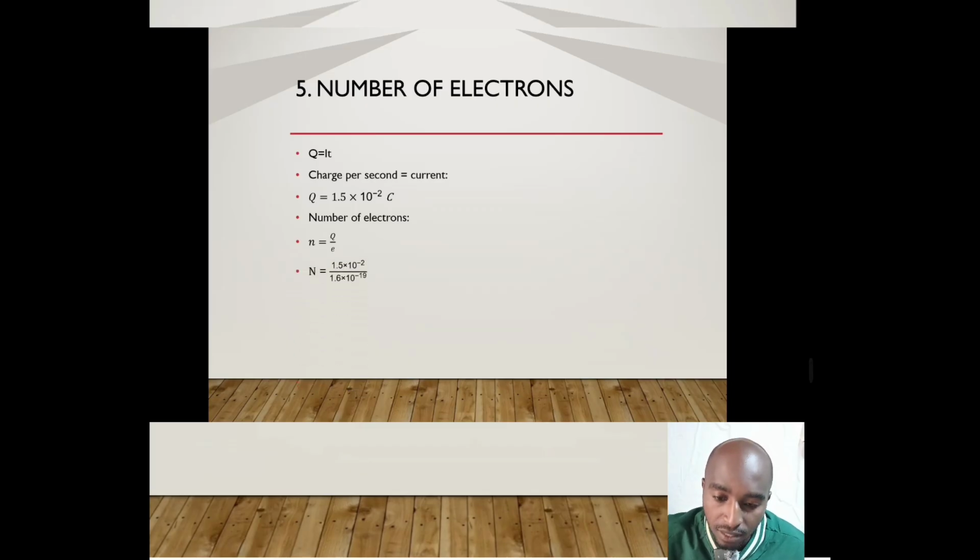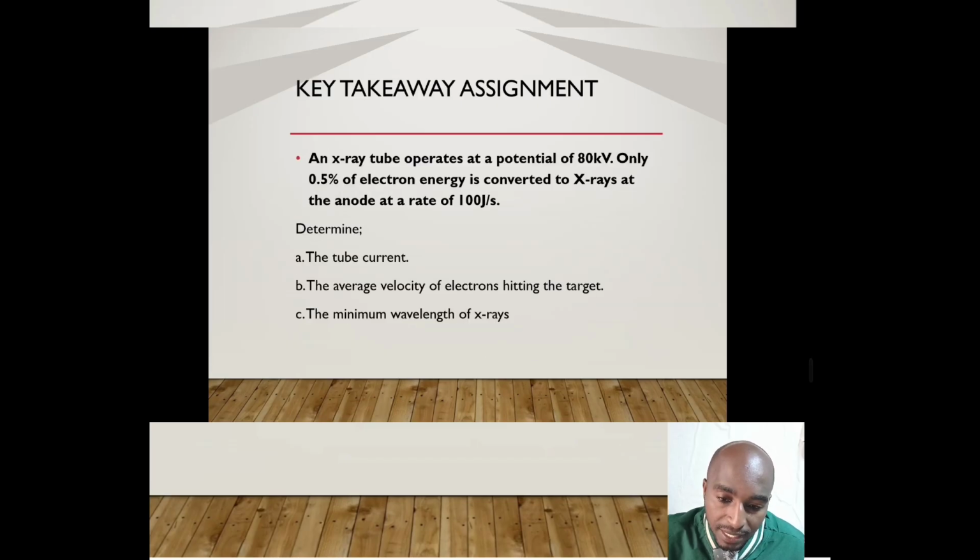Substituting, n is 1.5 multiplied by 10 to the power negative 2, divided by the charge per single electron, which is 1.6 times 10 to the power negative 19, and feeding in your calculator, you end up getting the number of electrons as 9.375 times 10 to the power 16 electrons per second.